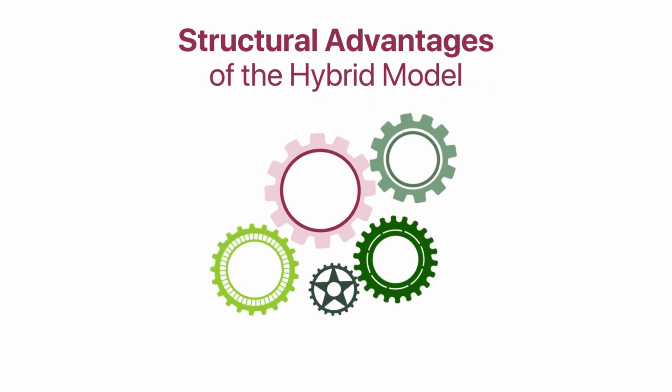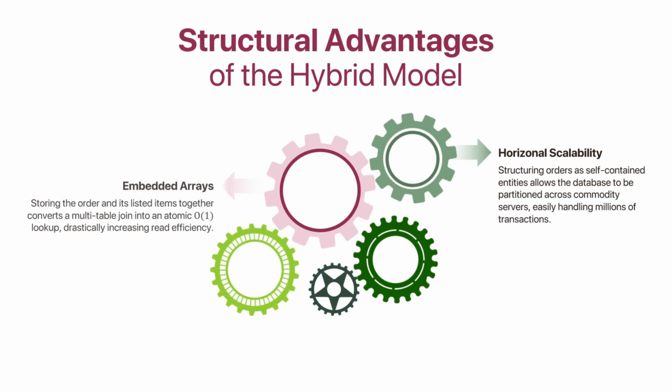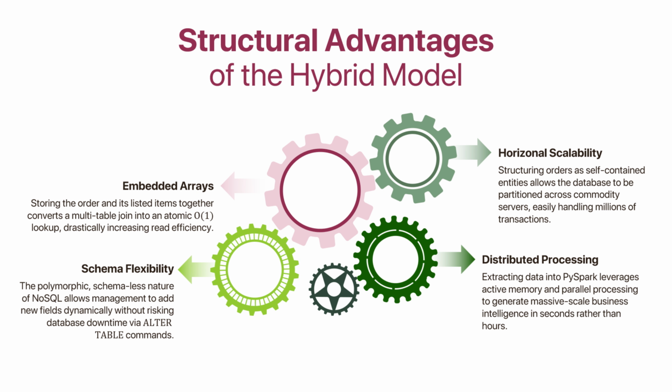Structurally, shifting away from relational databases and towards a hybrid paradigm provides four distinct operational advantages. Firstly, by embedding line items, we convert expensive multi-table joins into instantaneous key-value lookups. Secondly, self-contained documents allow the transactional database to be horizontally partitioned across multiple commodity servers as user volume and the number of orders expand.